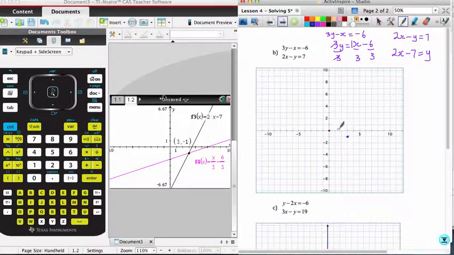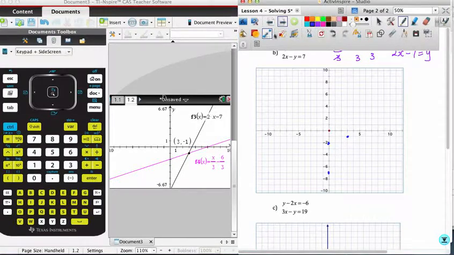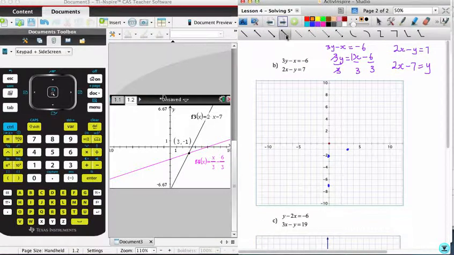I'm going to mark off -7, which is going to be the one y-intercept, and then I'm going to mark off -2, which is going to be the other y-intercept, and then I'm just going to use the line tool so that I can draw my graphs a little more accurately.